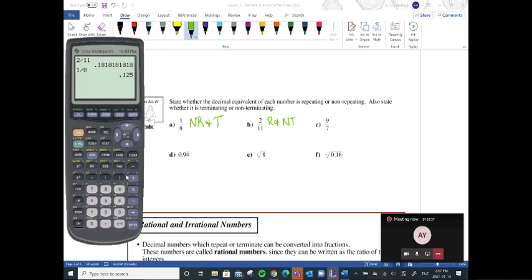Okay, 9 divided by 7. Okay, this one's good. So it's 1.2857142886.